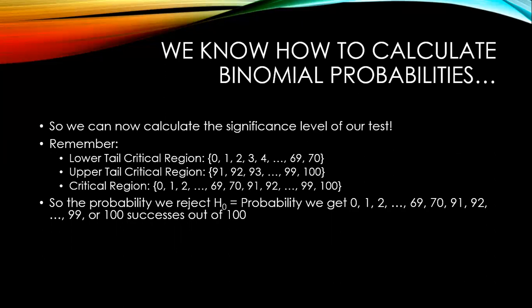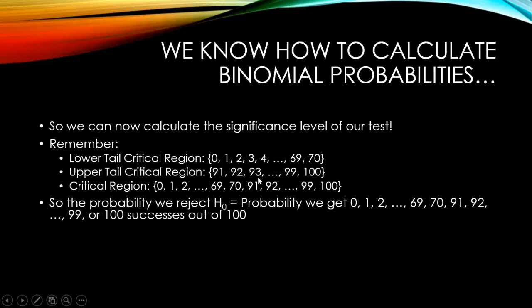Remember, with 100 people in our sample, we will reject H0 if 0 of those people have brown eyes, or 1, or 2, or 3 or 4, up to 70. That is our lower tail. And then we go up to our upper tail. If 91 people have brown eyes out of 100, we reject H0 again.